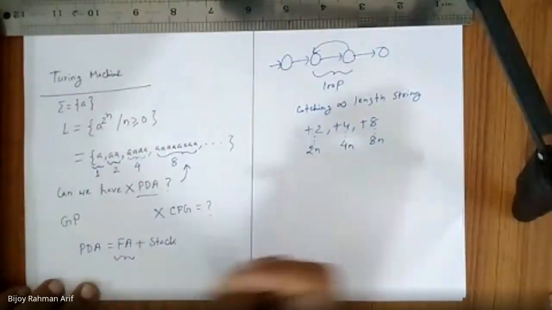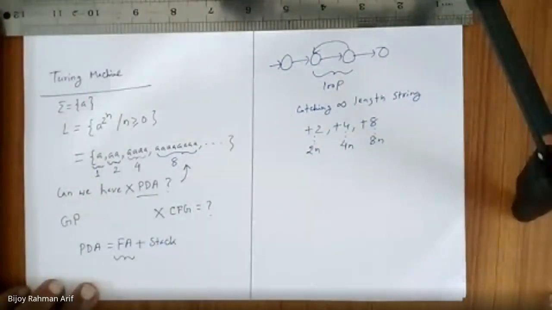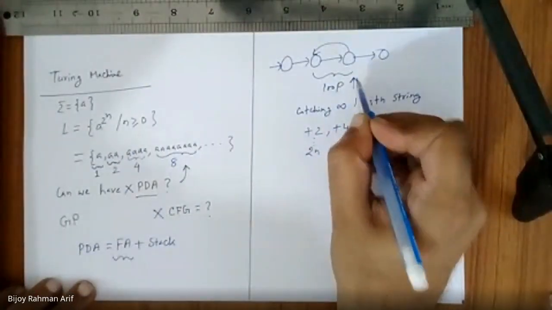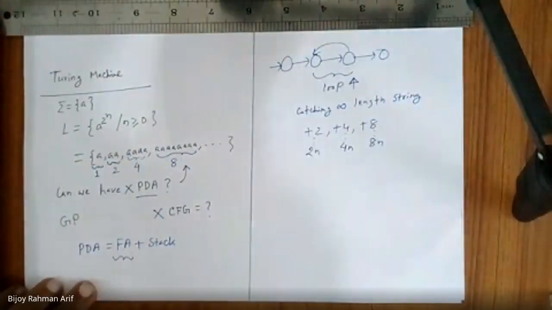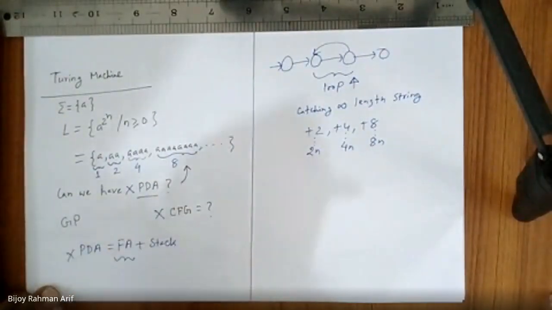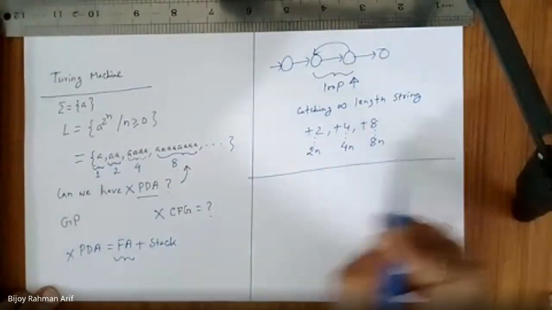But in this language, the number of times you need to catch using loop is also increasing. So you have to also increase the loop capability. That's why it is not possible to have a finite automata, and that's why there is no push down automata for this language. Did you get it?